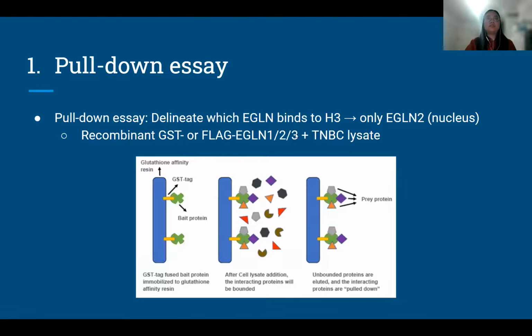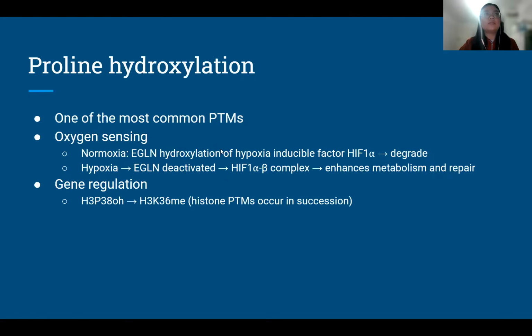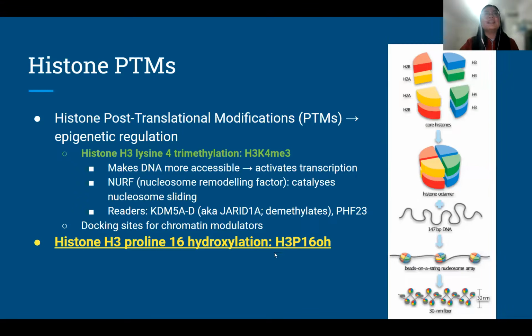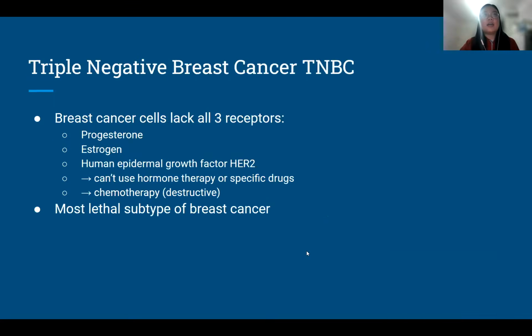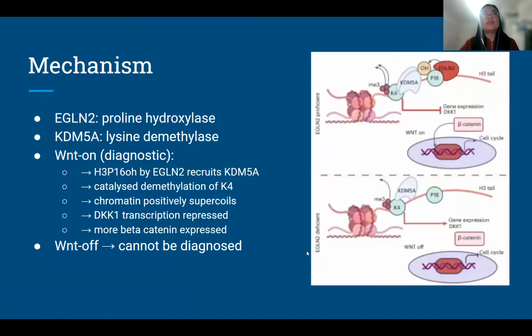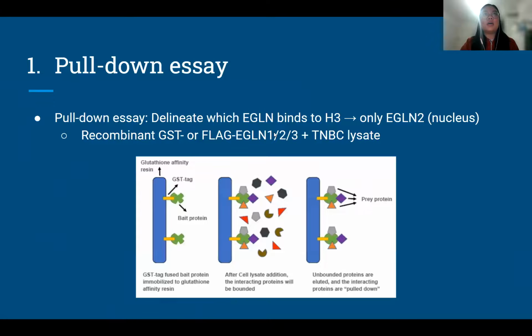So to delineate this, let's go back to here, to delineate this histone H3 proline 16 hydroxylation. First of all, they need to know which EGLN, because we have 3 EGLNs, will actually bind to and hydroxylate H3.